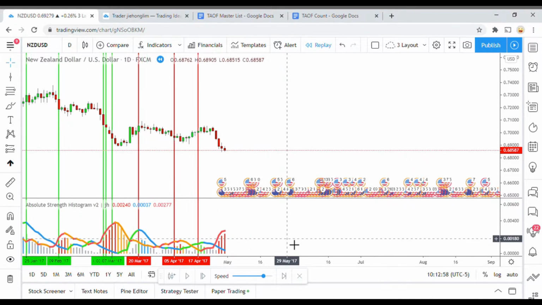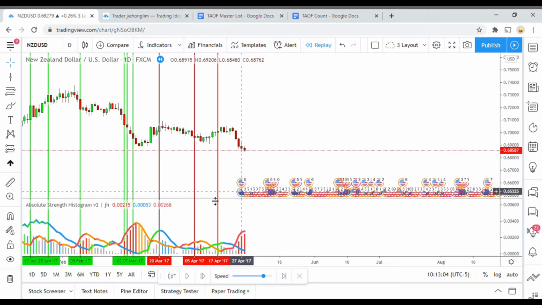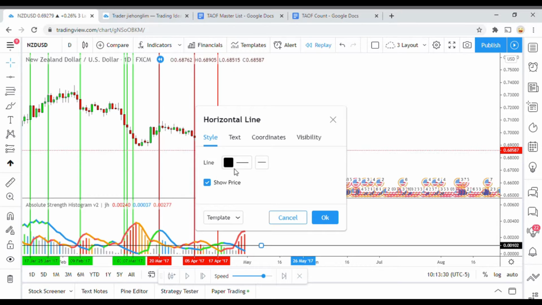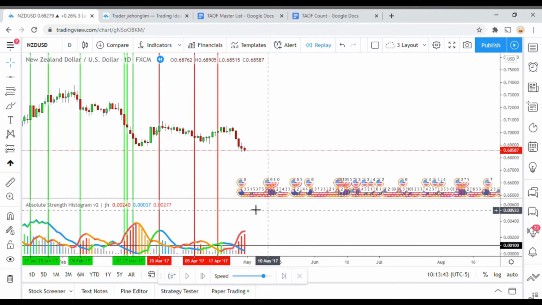Interesting. So it looks like you could also, maybe, and this is a little bit premature, we could also put a line in over here, something like in this area, and use that as an indication of strength in the histogram itself.